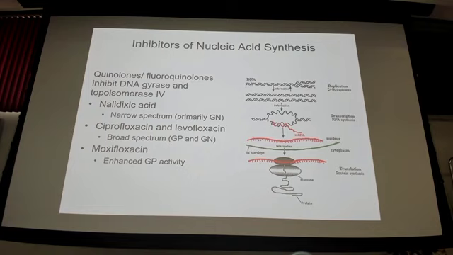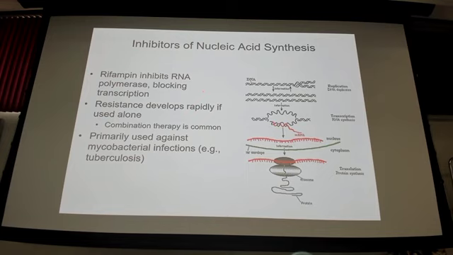We don't have anything like it in ourselves. Well, that's not quite true. We do have topoisomerases, but they're not the same as bacterial ones. So these are additional important classes of antibiotics that target nucleic acid synthesis by interfering with the action of gyrases. Ciprofloxacin is one in particular that you'll probably hear a lot about.